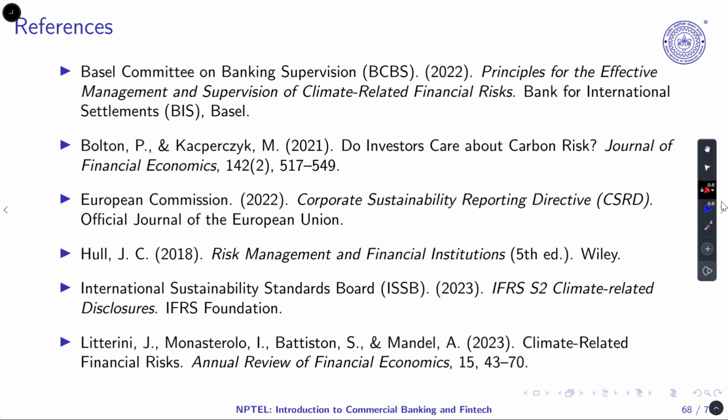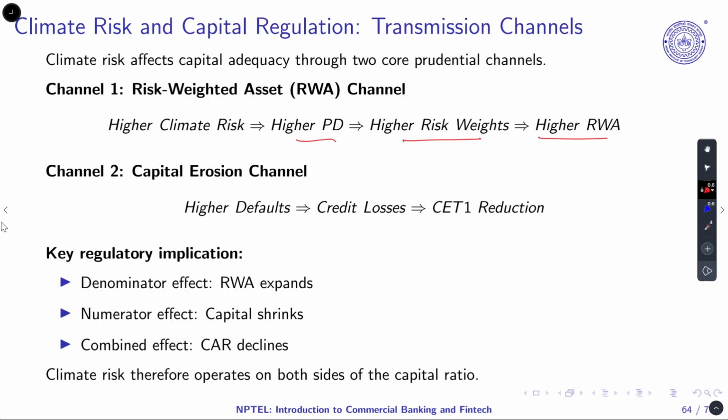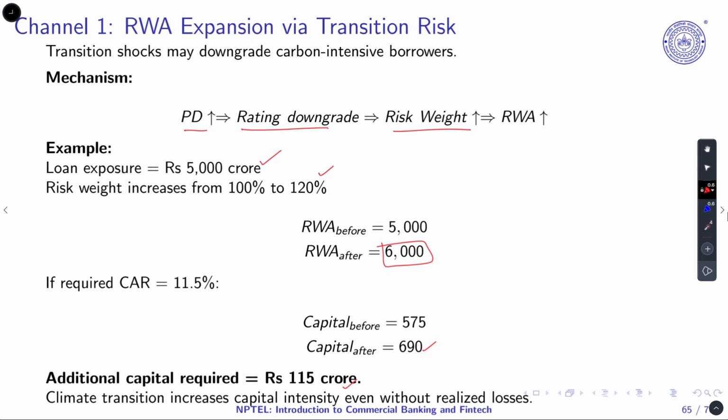I have also given you a lot of details about the rules and regulations, but before that I think it will be interesting to look at this scenario, what was the purpose of this. Here we looked at two dimensions, the risk weighted asset channel and the capital erosion channel, and this is where we find it easier to understand how much it is leading to an increase or decrease.